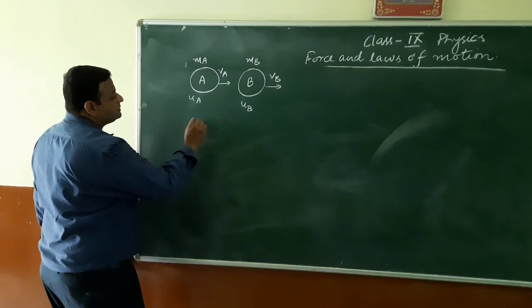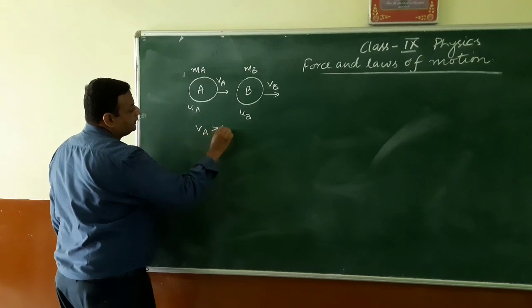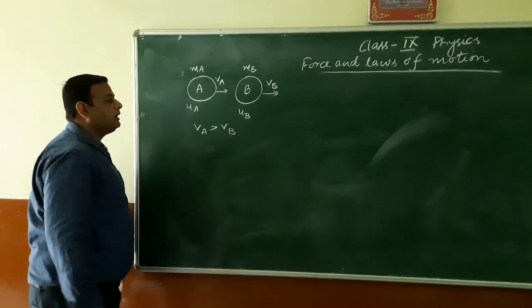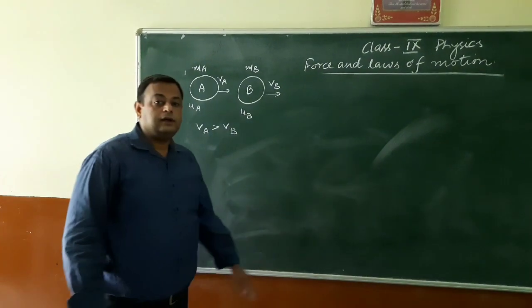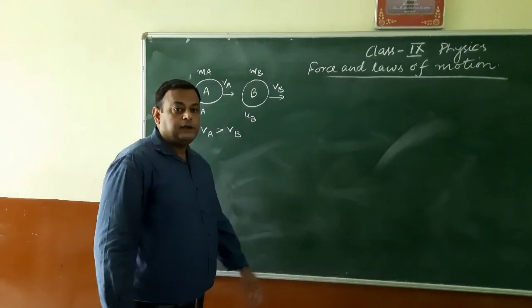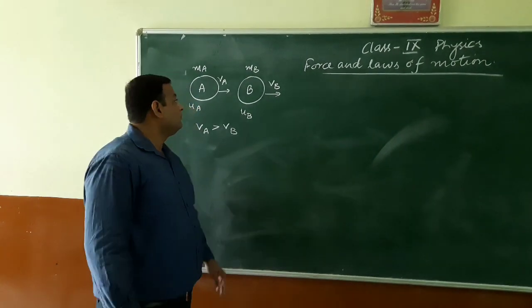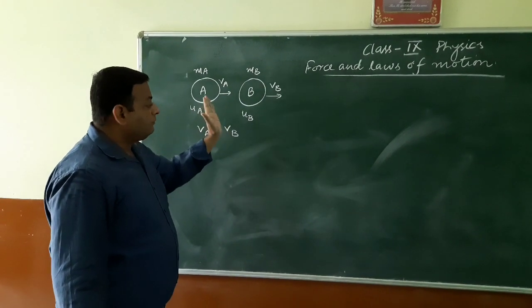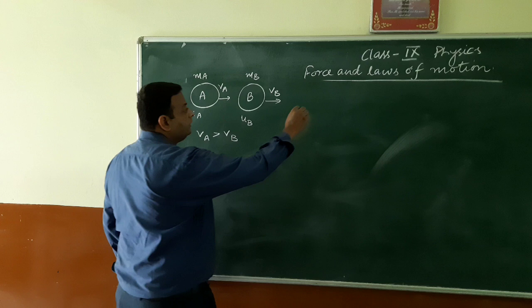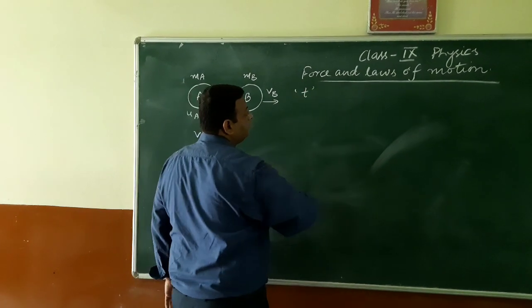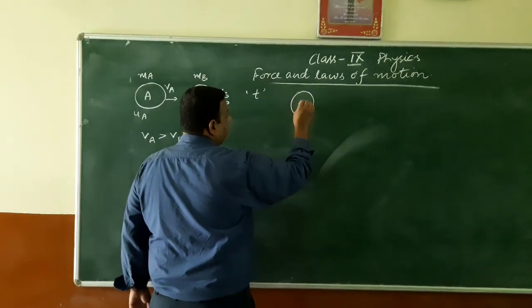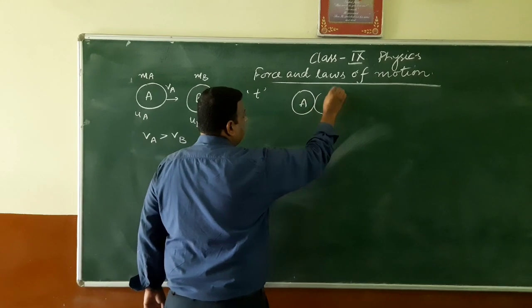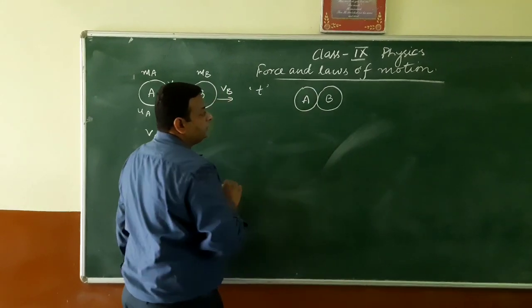Now the condition is VA is greater than VB. Now what will happen? If both the balls are moving in a straight line, means in a collinear motion, and VA is greater than VB, then after some time, in time t, the ball A will hit the ball B.